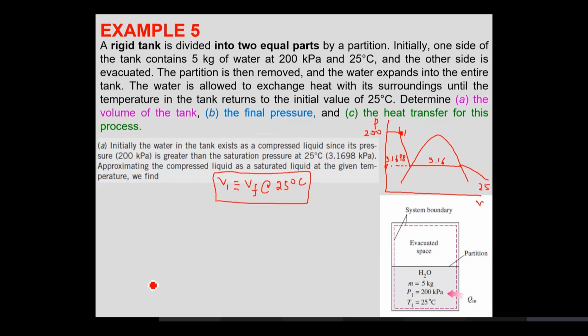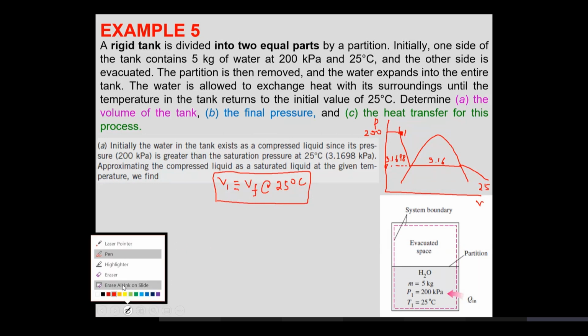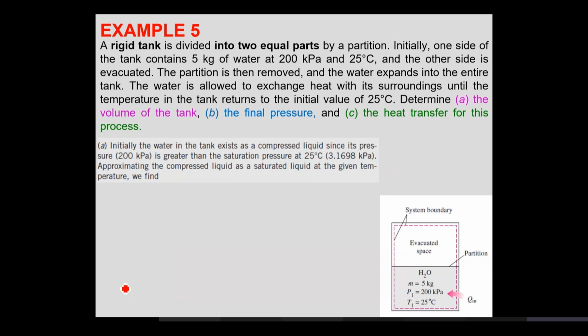Now, for this approximation you have to use table A4. In table A4, for 25 degrees centigrade, you will use the value of Vf, and that comes out to be 0.001 meters cube per kg.